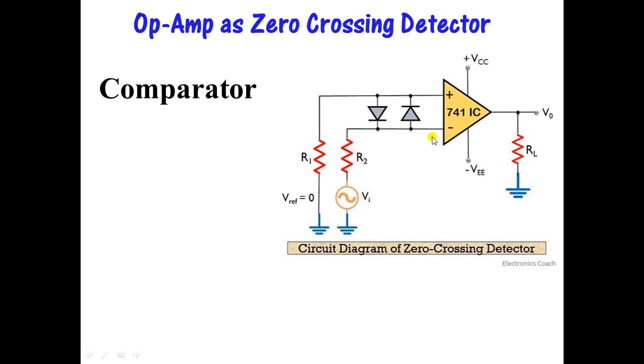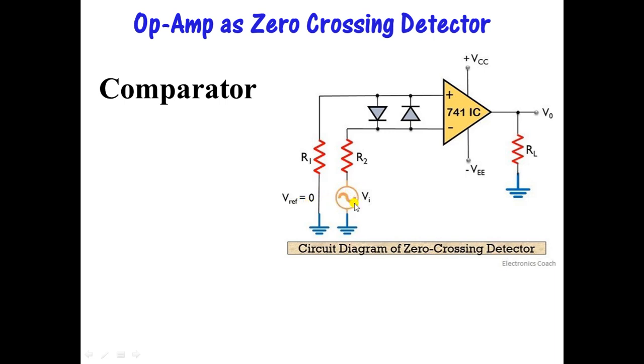In this video I have explained op-amp as a zero crossing detector in inverting configuration. For homework, I will ask you op-amp as a zero crossing detector in non-inverting configuration. What are you supposed to do then? Everything will remain the same, only the input voltage will be given to the positive input terminal and the reference voltage will be given to the negative input terminal.